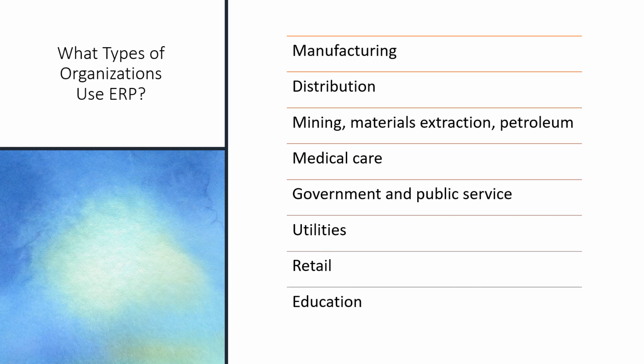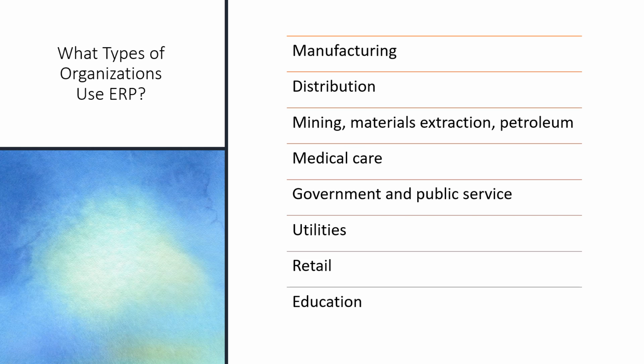So most, if not all, businesses use ERP systems: manufacturing, distribution, mining, medical care, retail. Any kind of business you can think of, there is an ERP system for. Dog breeding, dog grooming, t-shirts, welding.